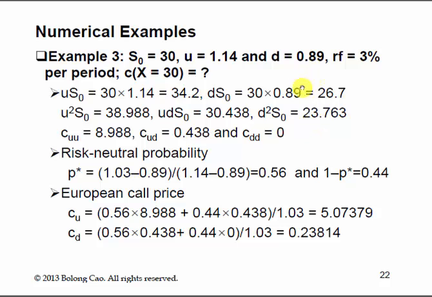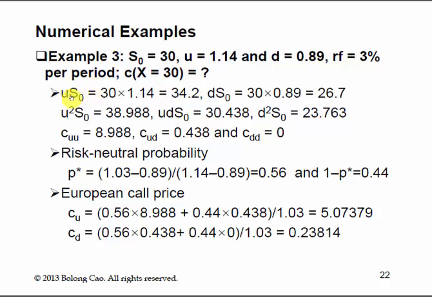All right, now we have a different set of numbers. We have an underlying of $30, and the call option is at the money. Strike is $30. Upstate 1.14, downstate 0.89. The risk-free rate is 3%.